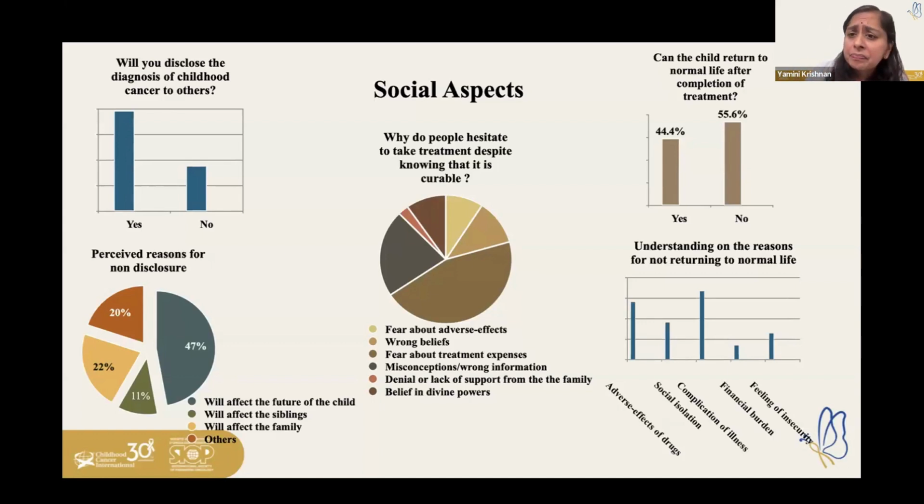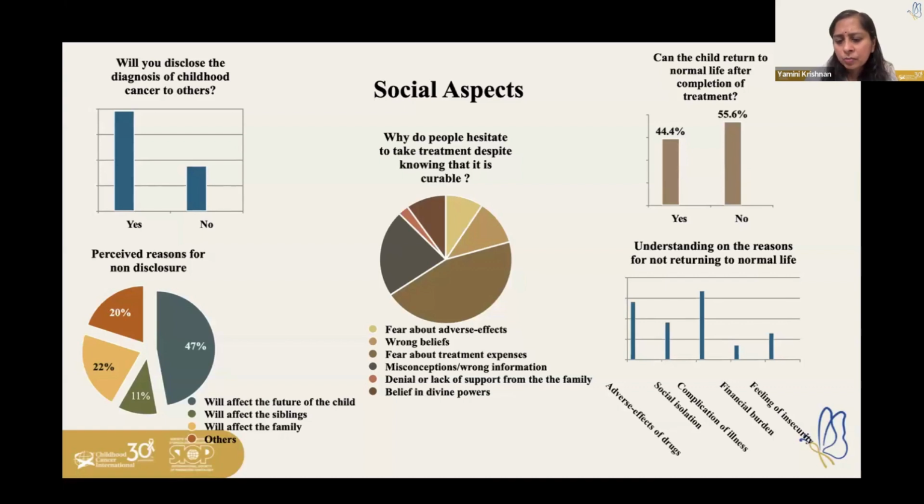The other question we asked was, can a child actually return to normal life after completion of treatment? Only around 44% actually felt that a child who has completed treatment would return as a normal child into the society. And the reasons were very interesting.